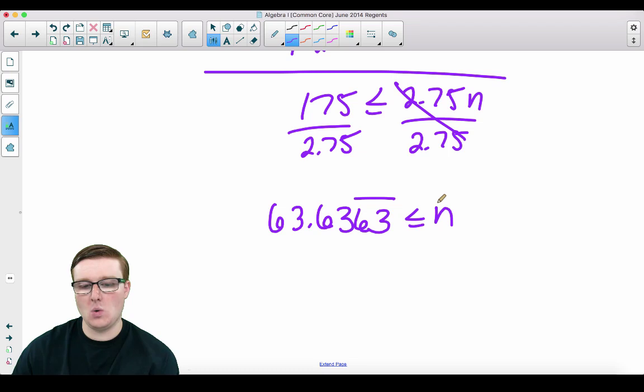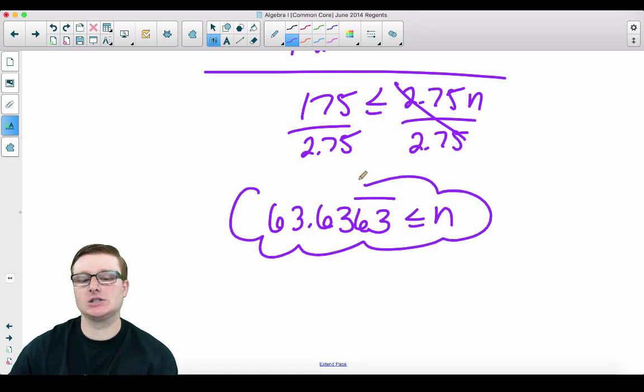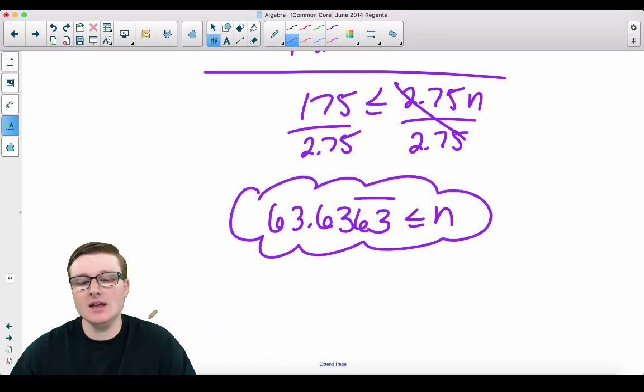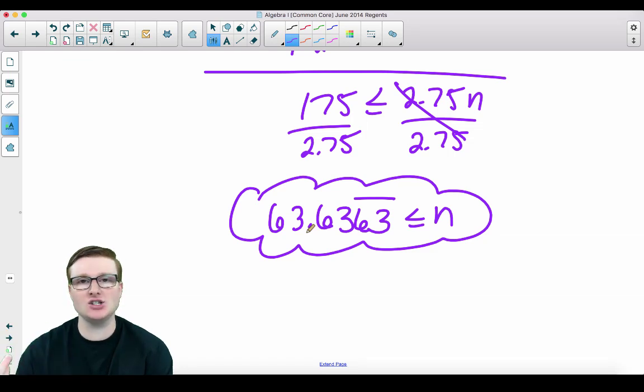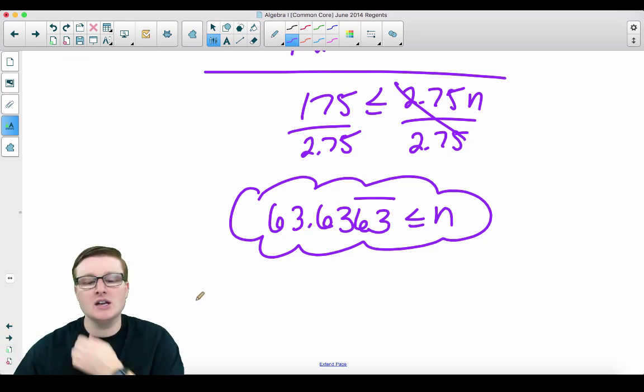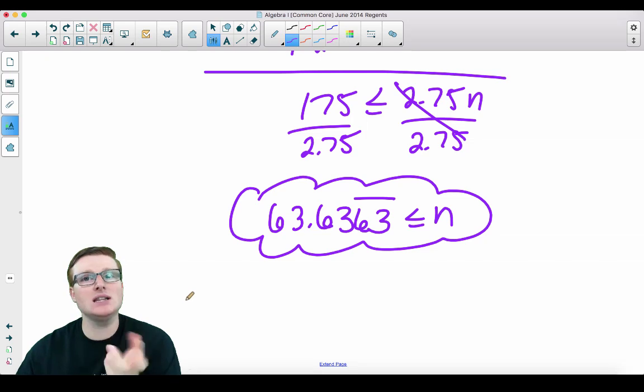Great. So what does that tell us? Well, she could only rent 63 weeks. Even though it's 0.6363, that means she would have to rent for 64 weeks, which she can't do. So what she'll have is some money left over on the card.